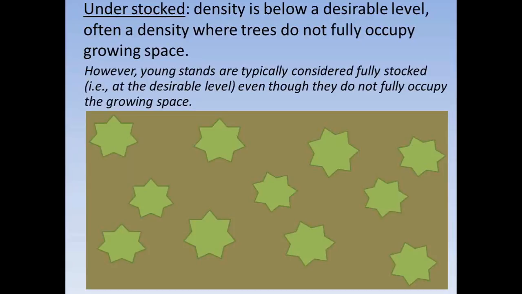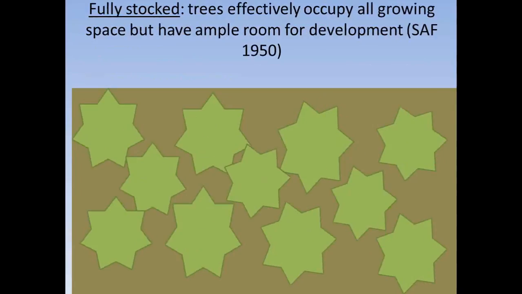This is a well-stocked stand in terms of regeneration, even though it doesn't fully occupy the growing space. I want to make that distinction to point out that stocking has a range of meanings within a particular context. But by and large, past that early stage, we think of things as understocked when they don't fully occupy the growing space.